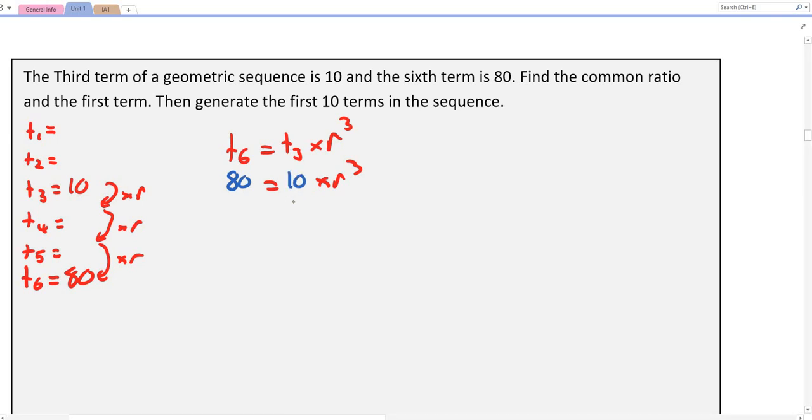To solve for R, I'm just going to divide both sides by 10, which gives me 8 equals R cubed. And seeing as we just did it, I'm happy to skip straight to R equals 2.